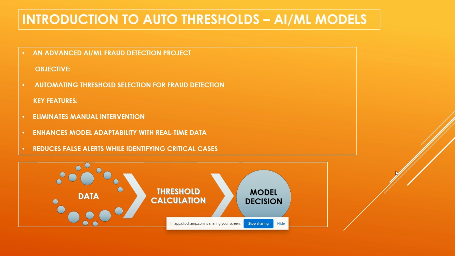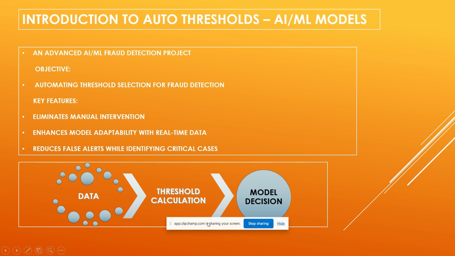Then it enhances model adaptability with real-time data. The data is coming in and the model itself is adjusting the thresholds as per the fraud data, the use case, and the patterns. So it will help significantly reduce false alerts while identifying critical cases.